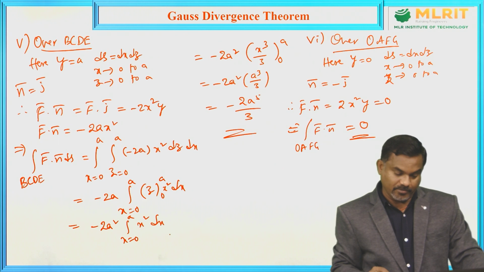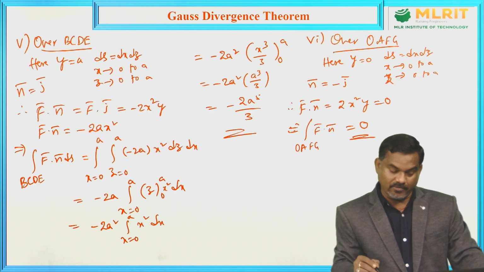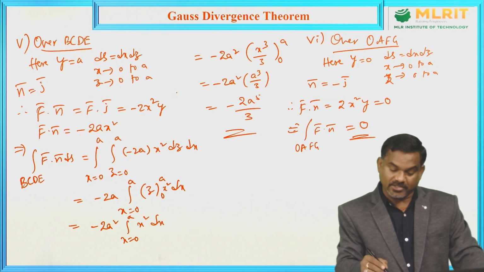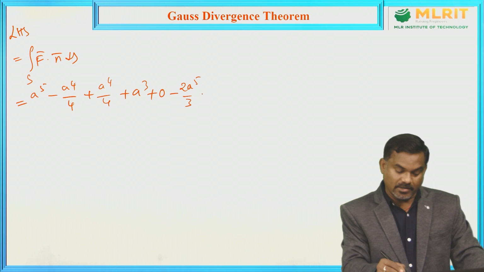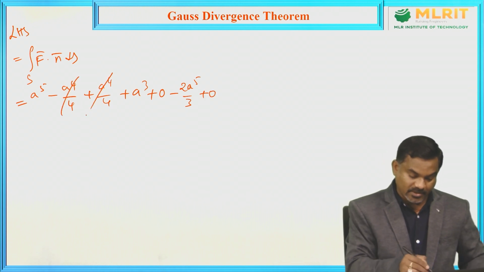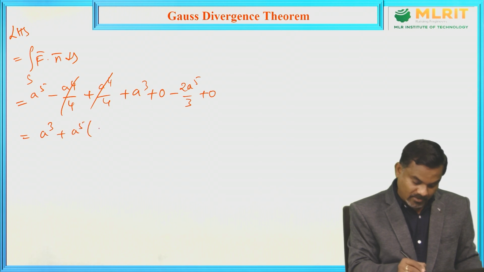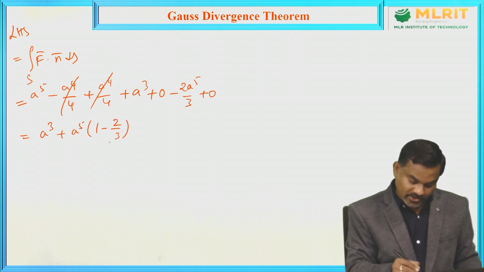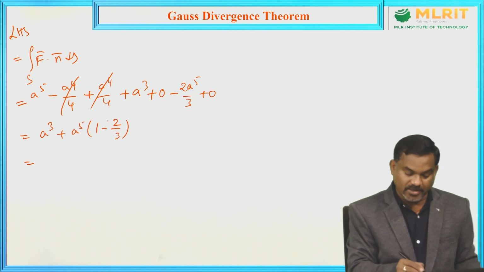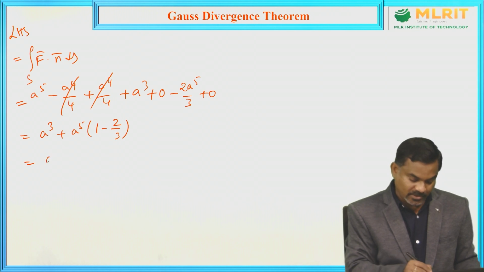Third is a cube, fourth is 0. Fifth is minus 2a power 5 by 3, and sixth is 0. So again these two are 0. So a cube plus a power 5 common, 1 minus 2 by 3, which is 3 minus 2, 1 by 3, so a cube plus a power 5 by 3.